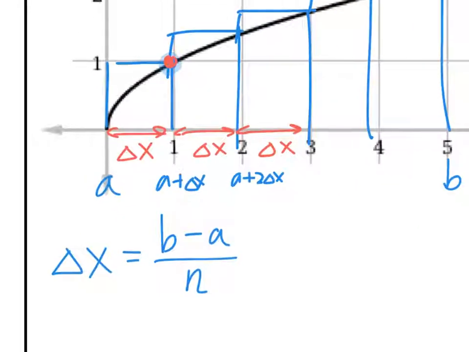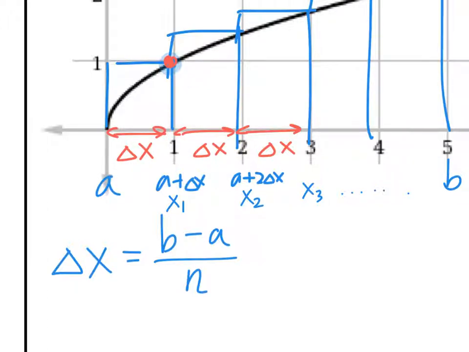Or I can also say that these are just x1, x2, x3, and so on. So instead of delta x, where I know how to get there by adding delta x, I can just call these points x1, x2, x3.